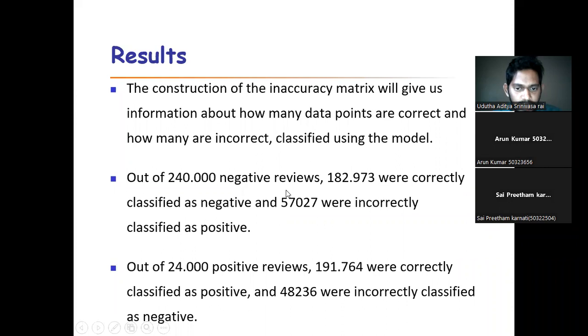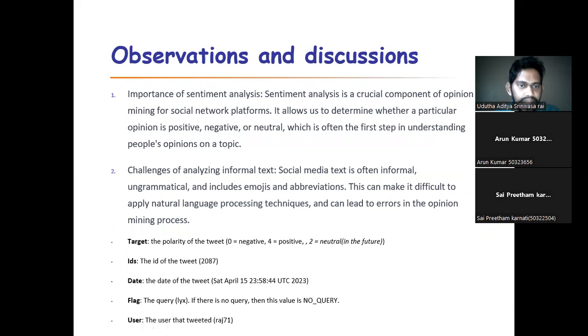Out of 240,000 positive reviews, 191,000 were correctly classified as positive, and 48,000 were incorrectly classified as negative comments. So these are some of the observations and discussions. From here on, my mate Sai Pritam will continue.